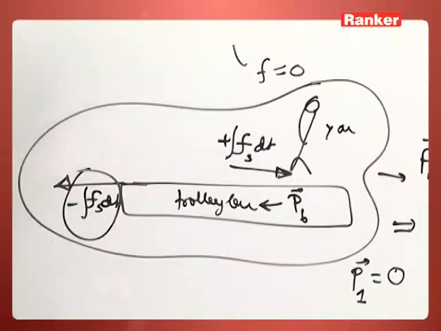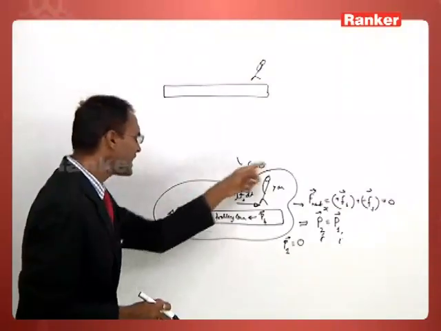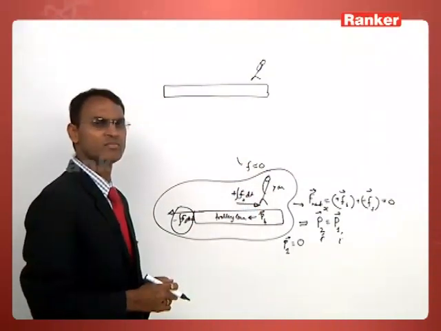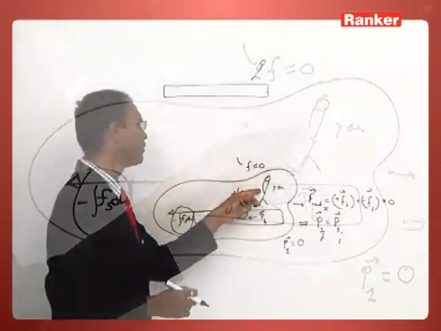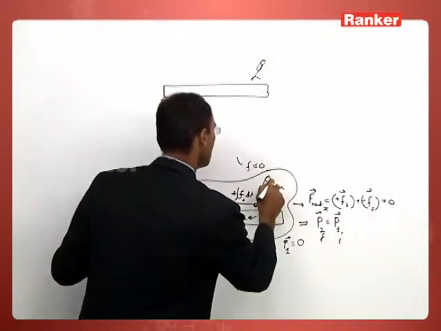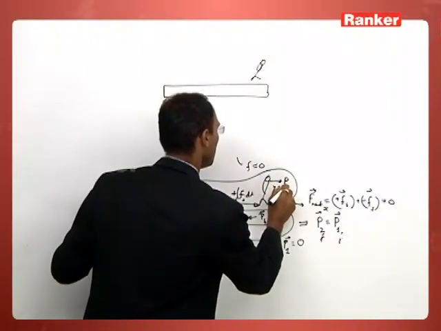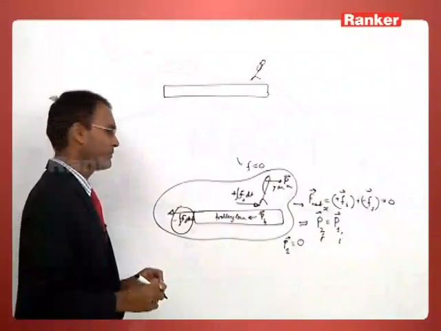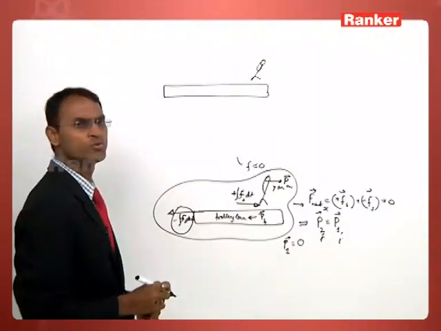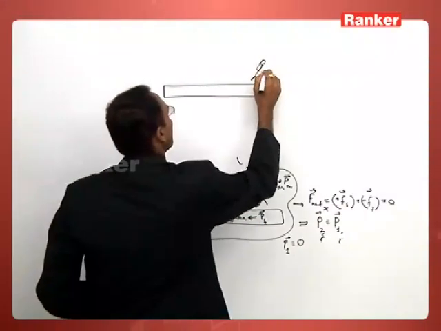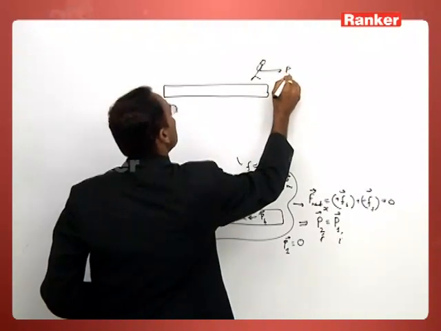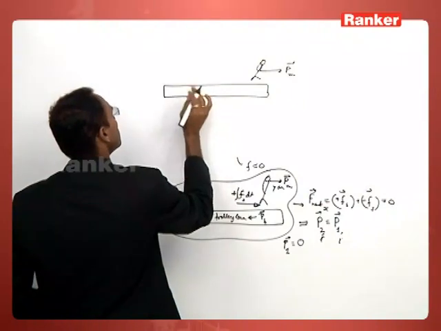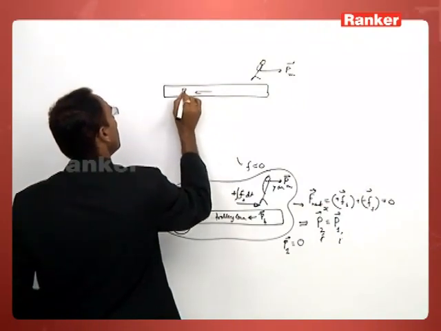Due to the impulse, you are changing the momentum from 0 to a certain value. Let it be PM. M stands for man, B stands for boat. Your momentum is PM, momentum of the boat in backward direction is PB.